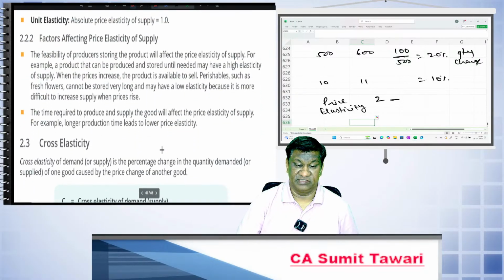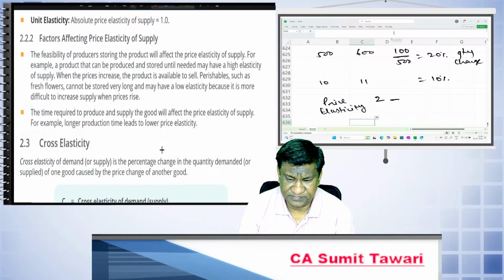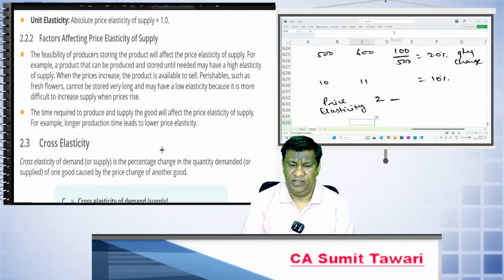Okay, and the factors affecting the price elasticity of supply. It depends on the characteristics of the product. Okay, so sometimes we hold the material and we are waiting for higher prices.